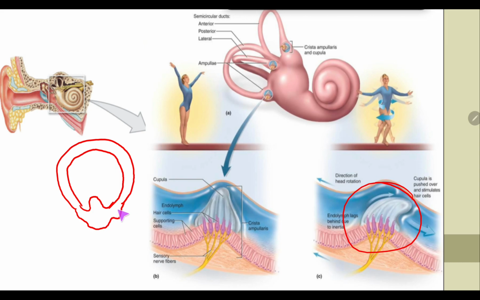Fine. Now this crista ampullaris also has sensory hair cells, and these sensory hair cells, like utricle and saccule cells, also have stereocilia.